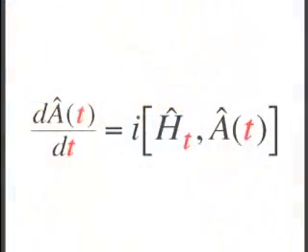Now, given that one-parameter family of observables, consider the following law of motion. For each observable A of t of the system, dA by dt equals i times the commutator of h at t with A of t. We can express that law in a form that's more like the specific laws of motion I've told you in previous lectures by just integrating it over an infinitesimal period dt.